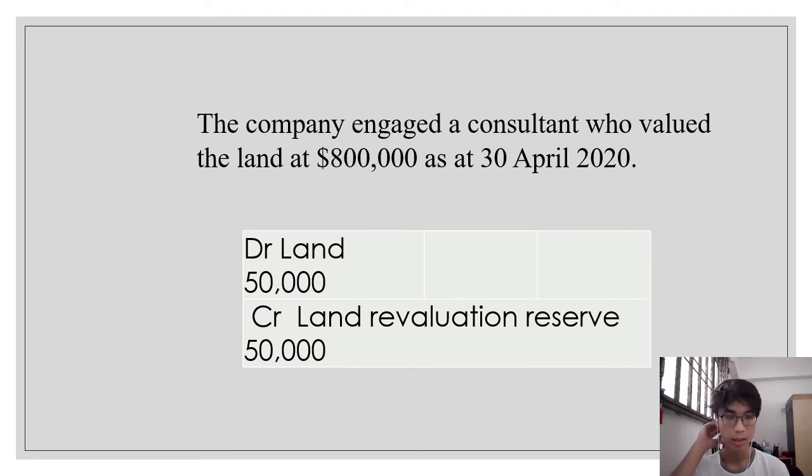Therefore, we debit land of the difference, which is 50,000, and then we credit the land revaluation reserve as the land has increased in price, and therefore we store the money in the land revaluation reserve for revaluation.